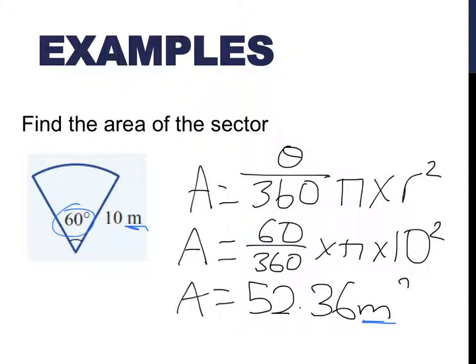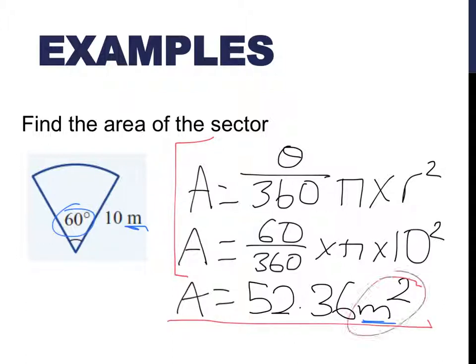It's area, squared. That's what I'm checking to see today. I assume that you know how to do these. I want to see them there. But I'm checking to see that you are giving your units in the correct way: meters squared. And that's it, guys. That's area of circles and area of sectors.